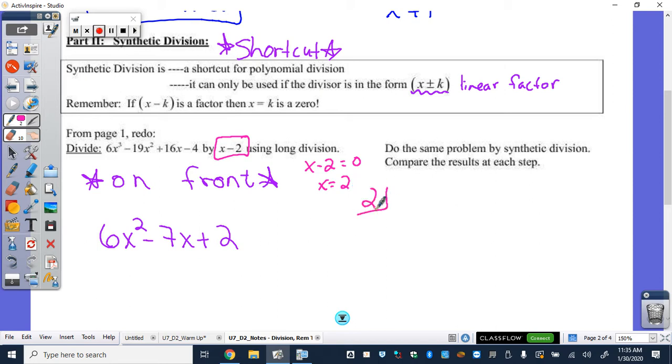So a little top left corner box happens there, and that's where my root goes. So with synthetic division, all we use are the coefficients, and we put them in order. So the polynomial I'm trying to divide into, I'm going to put those coefficients there. So I'm going to have 6, negative 19, 16, and negative 4. And then intentionally put a little space and a line underneath them.